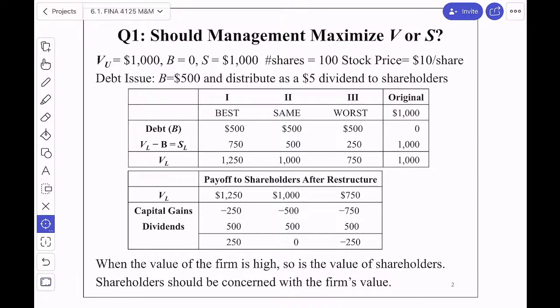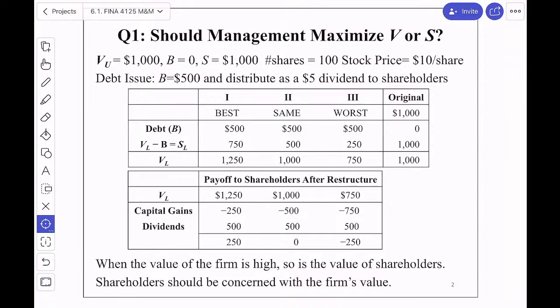But don't forget, there's a payoff to shareholders for the restructuring. Let's consider together the capital gains effect. Here, the capital gains effect is minus $250, right? They went from $1,000 in stock outstanding, shareholder equity, to 750.